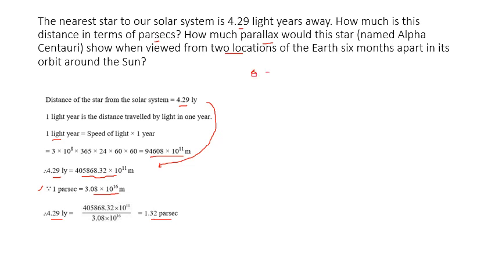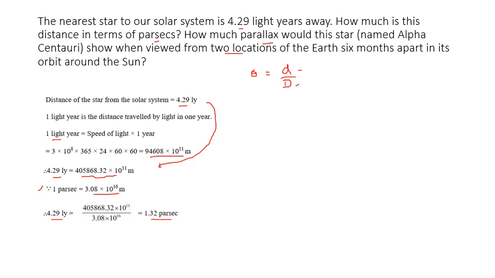Theta is equal to small d divided by capital D. Here small d is the basis; if we are talking about the earth, this could be the diameter of the earth, and capital D is the distance between the earth and the star, which is far away from the earth. And small d is the diameter of the earth.